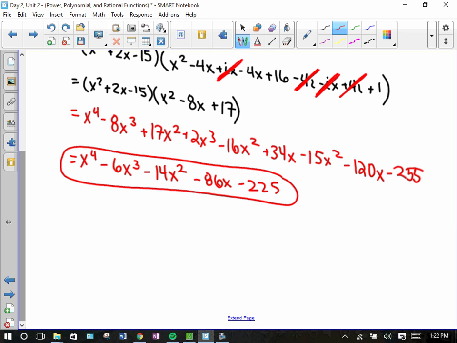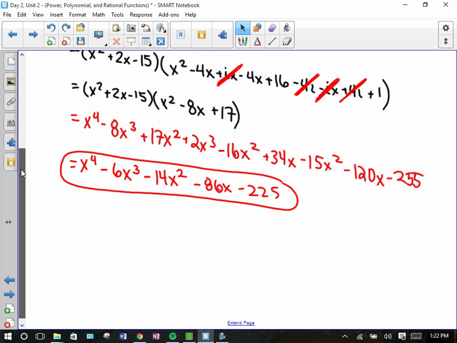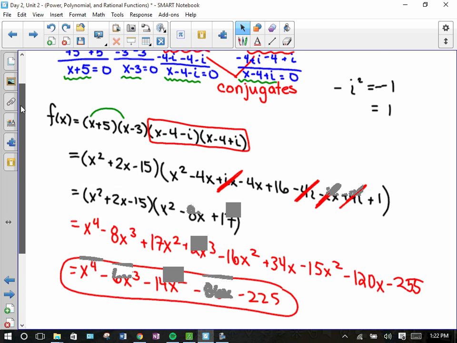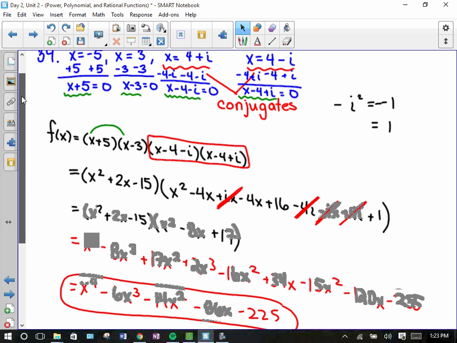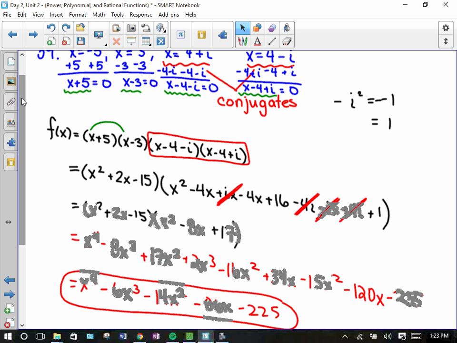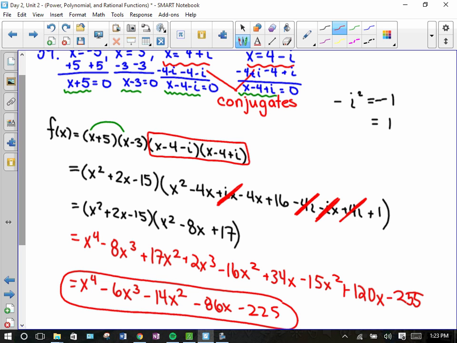Assuming I did all that mental math correctly. So let's see, my negative 120 came from, yeah, that'd be positive 120.